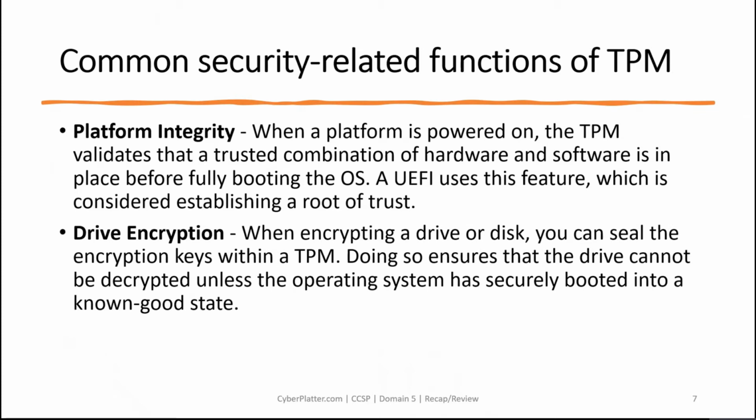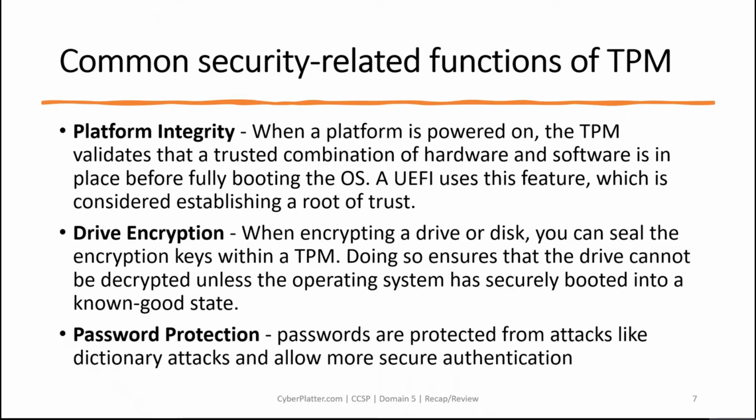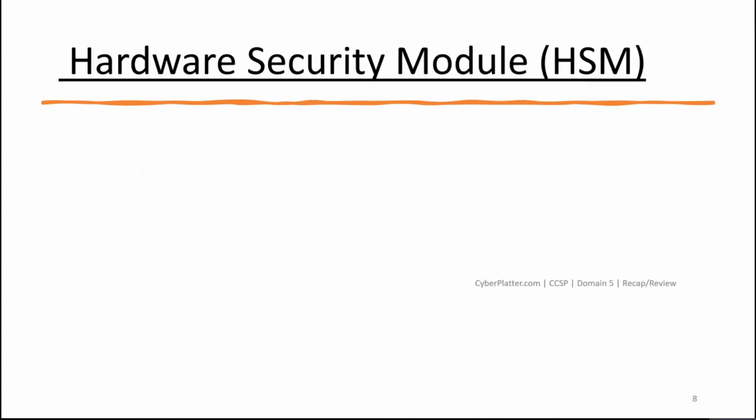Drive encryption: when encrypting a drive or disk, you can seal the encryption keys within a TPM. Doing so ensures that the drive cannot be decrypted unless the operating system has securely booted into a known good state. Password protection: passwords are protected from attacks like dictionary attacks, allowing more secure authentication.